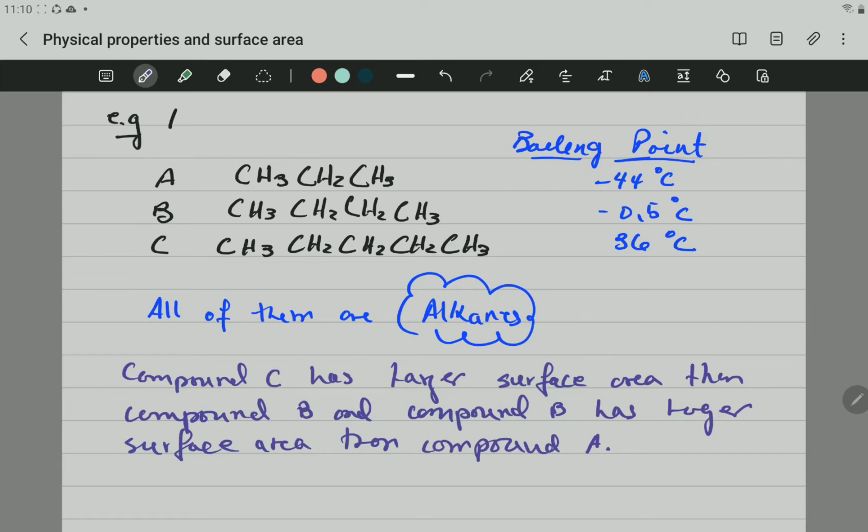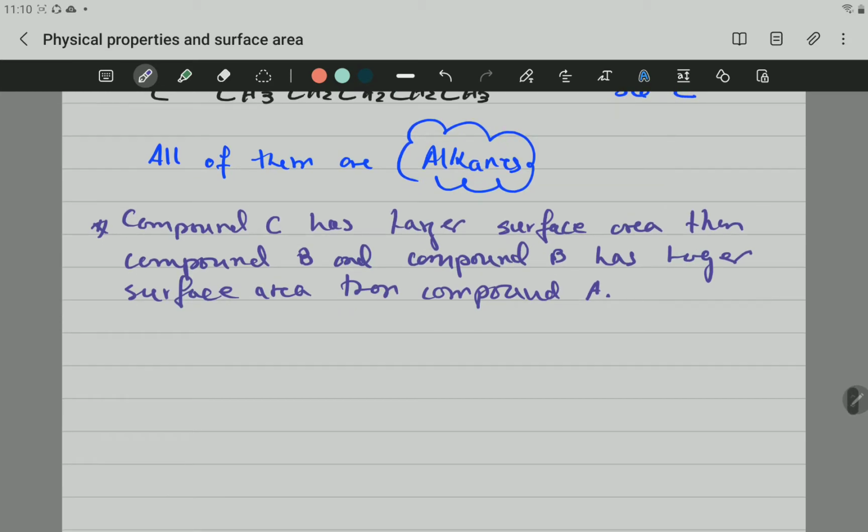You have to compare the surface area. I'm going to do it in bullet points, but you must do it in paragraph.